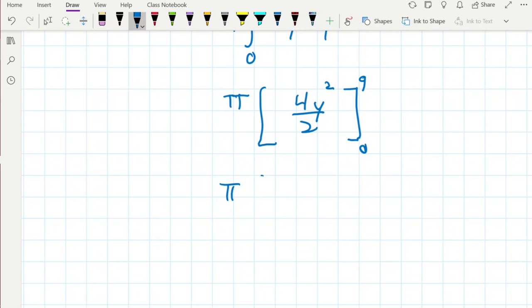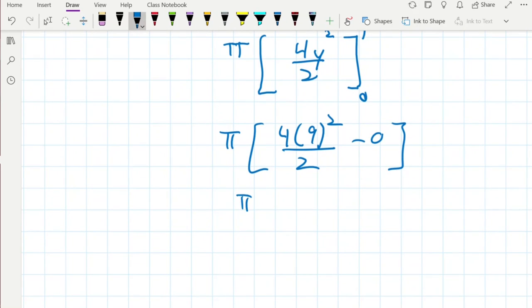Okay, so we're going to get pi. We're going to input 9, so that's going to be 4 times 9 squared over 2, and then minus 0. So it's going to be pi times 4, so 9 squared is 81 over 2.